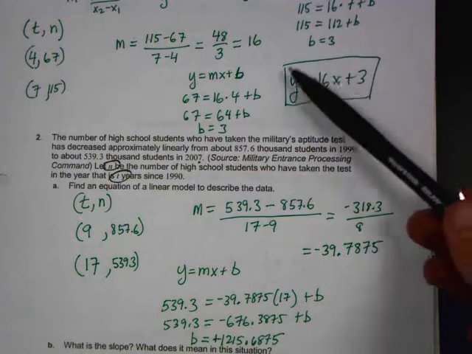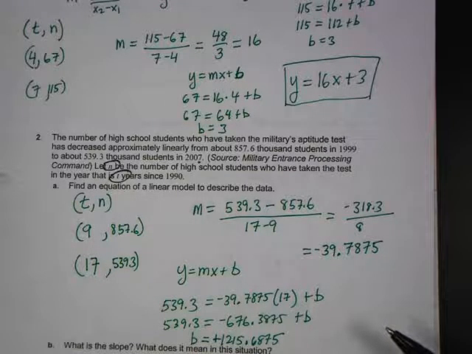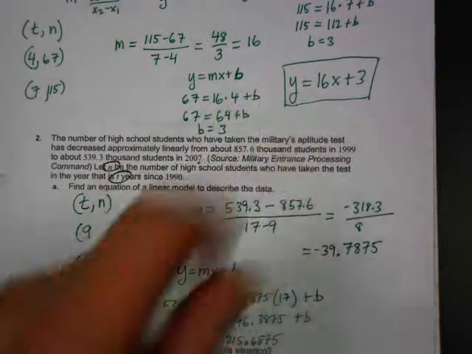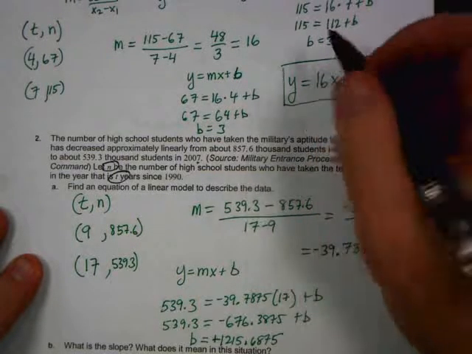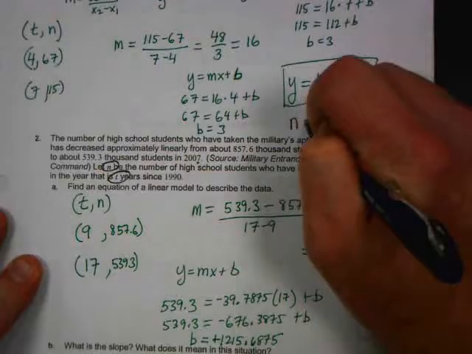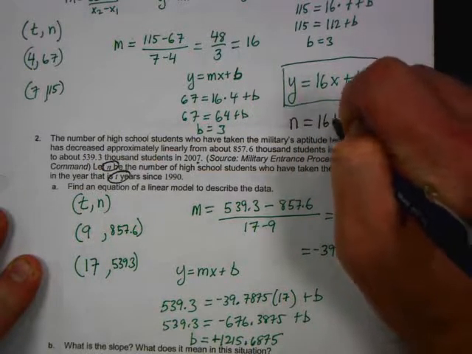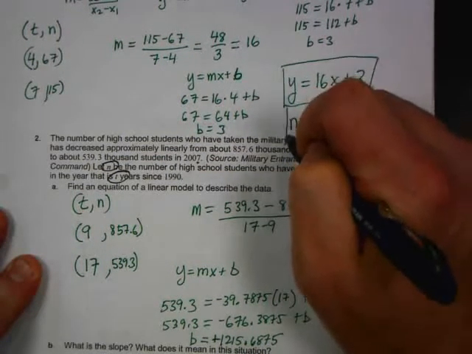I'm not supposed to use X and Y. I'm supposed to use T and N. And again, MyLab will mark it wrong if you use the wrong letters. For problem 1, my final answer should have been N equals 16T plus 3.